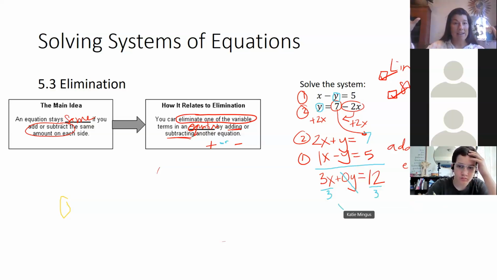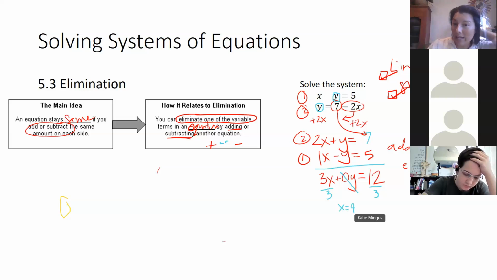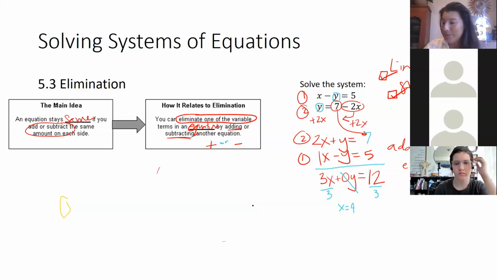And anytime we can get rid of one variable, we can solve an equation in one variable. So we know that x equals 4. Check ourselves, does that jive with what we already know the answer is? Yeah, we know the answer to this system is 4, -1, because we've already done this twice. So we already know the x value is 4 and the y value is -1.